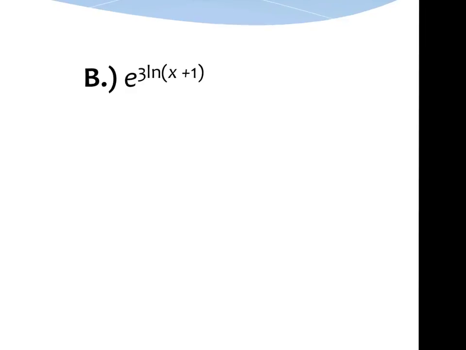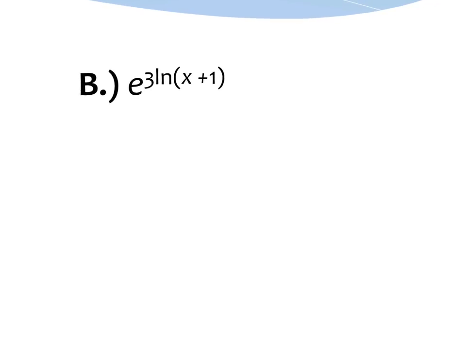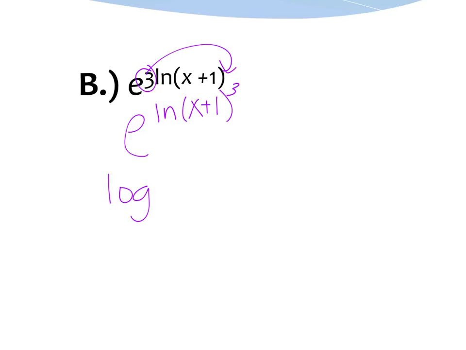Okay, now look at b. I've got a log in my exponent. So if it's 3 times a log, what can I do with that 3? I can bring it to the exponent. Good. So this would be up here as the exponent. So e to the ln of x plus 1, cubed. Now I can put this into log form. I can say this is log base e, and let's say I don't know the variable on the other side.